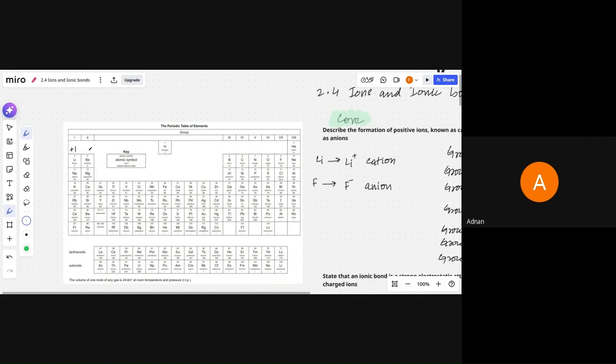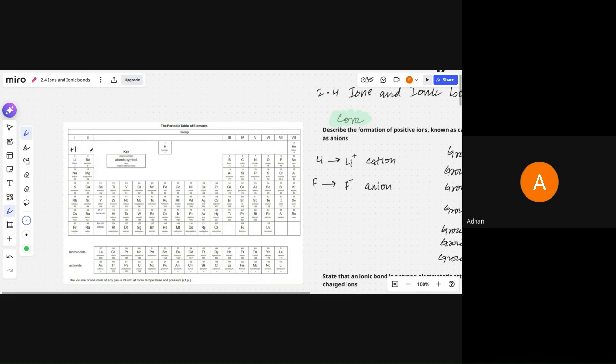We have discussed this before: in group 1 there is only one electron in the outer shell. So in order to have a complete outer shell, these metals lose that single outermost electron.